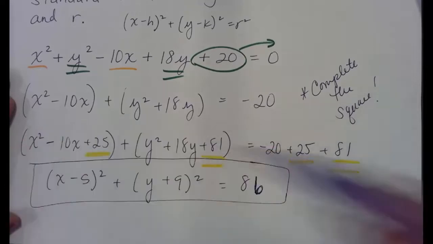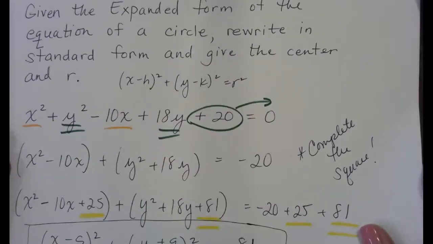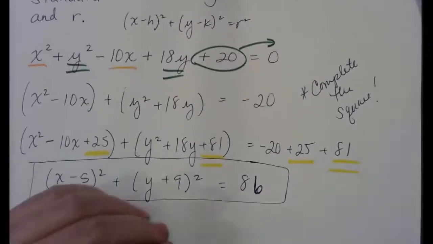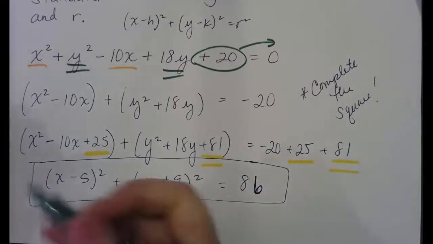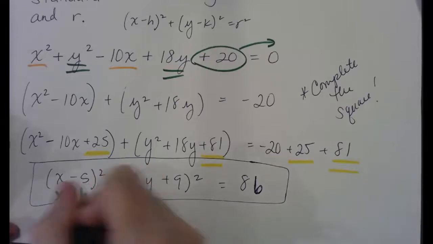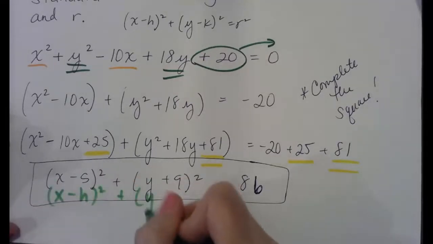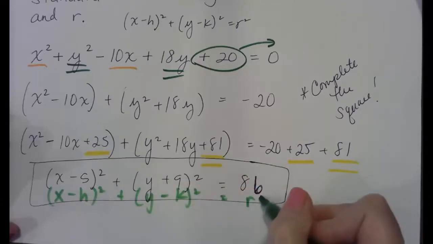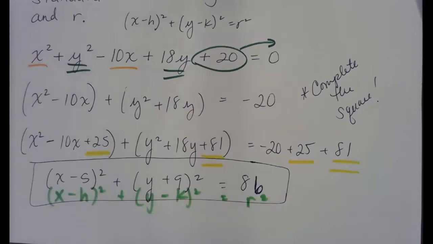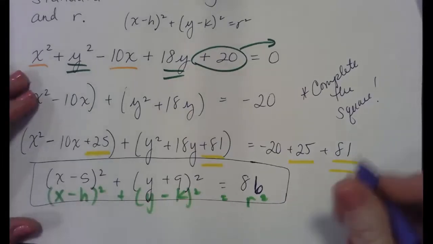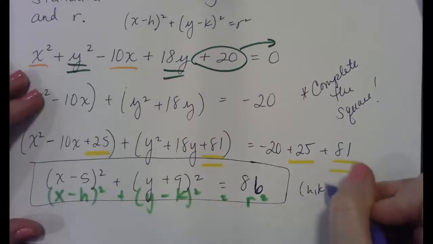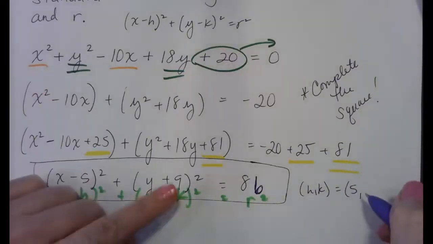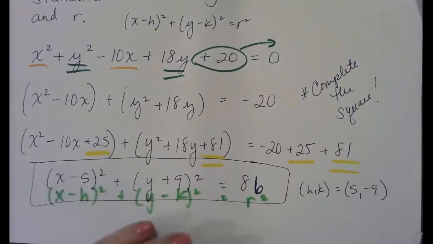There it is. But we're not done, because it said give the center and the radius. So we're going to identify the center now. Remember, this is x minus h squared plus y minus k squared equals r squared. So if we extract those values out of that equation, we see that we have a center point at positive 5 and negative 9.